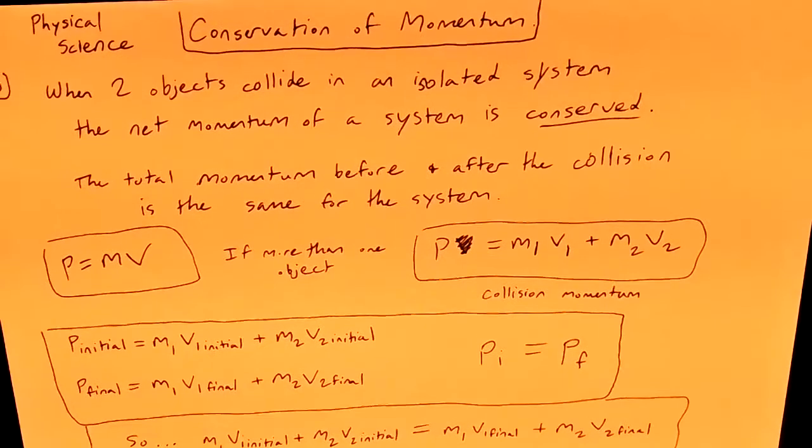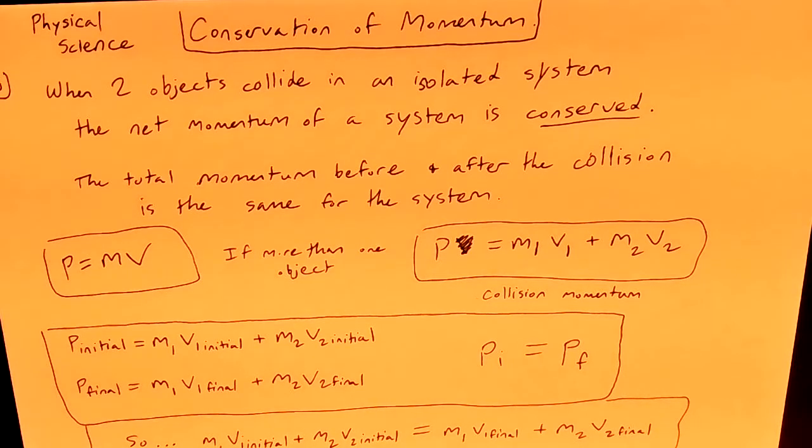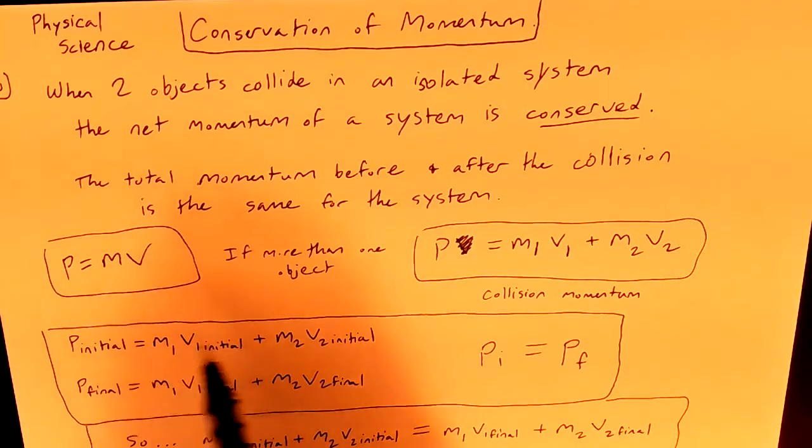To put that plainly, we say when two objects collide in an isolated system, the net momentum of a system is conserved. All right. So that means the momentum before the collision and the momentum afterwards as a system is the same.